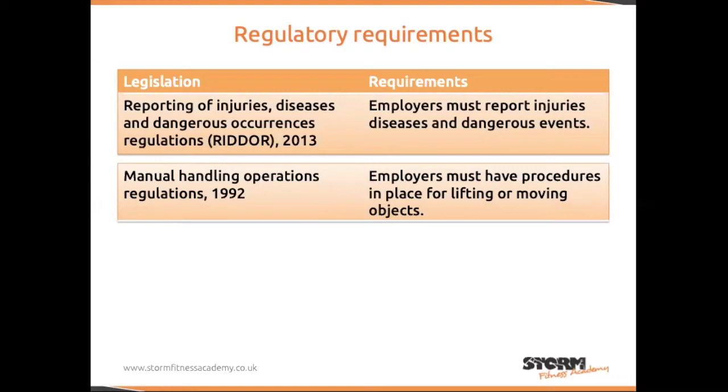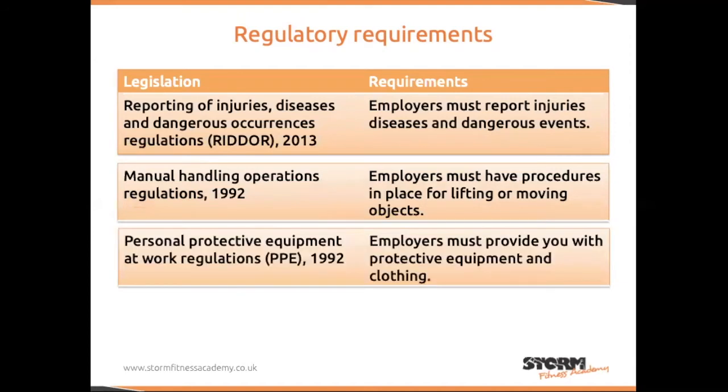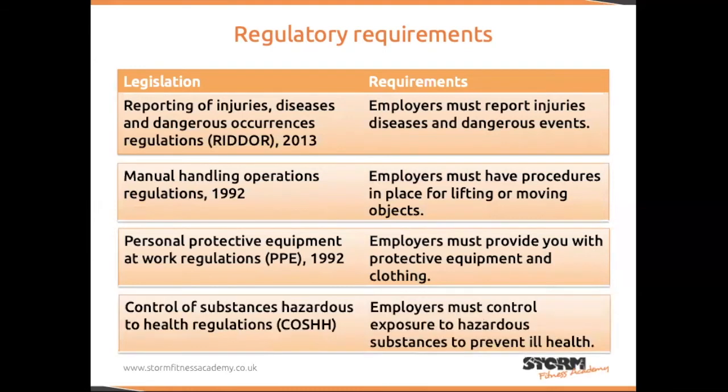These stipulate that employers must have procedures in place for lifting or moving objects. Personal protective equipment at work regulations, or PPE. This stipulates that employers must provide you with protective equipment and clothing. And control of substances hazardous to health, or COSHH. This stipulates that employers must control exposure to hazardous substances to prevent ill health.